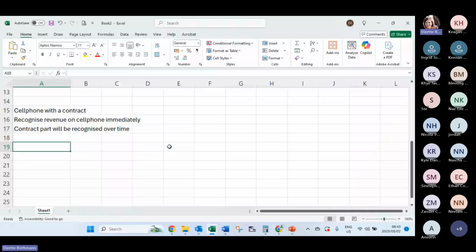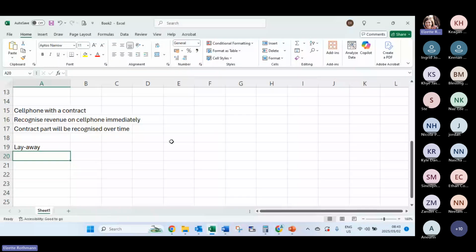Then something else that they can also ask maybe is if you think about layaway, and this is what you know as lay-by. So if you go to PEP, for instance, and you tell them, this is the clothes that I want, but I cannot afford that now, then you can basically pay them off. And then only once you've paid everything, then they will give you the clothes and then they can recognize revenue.